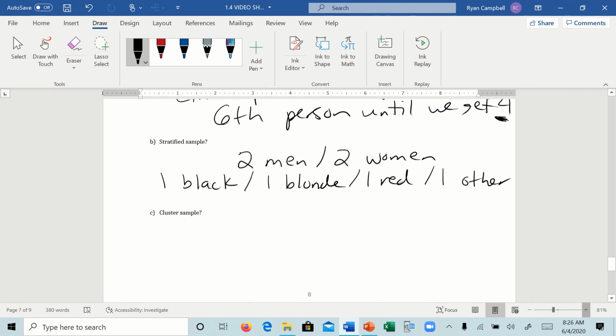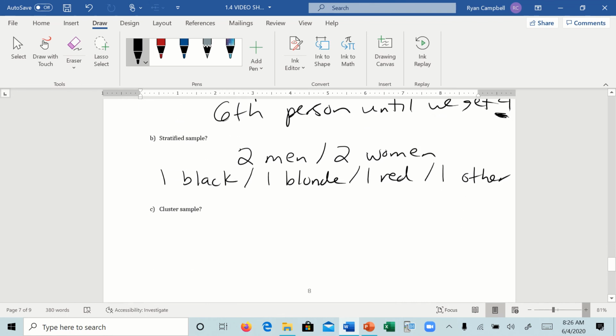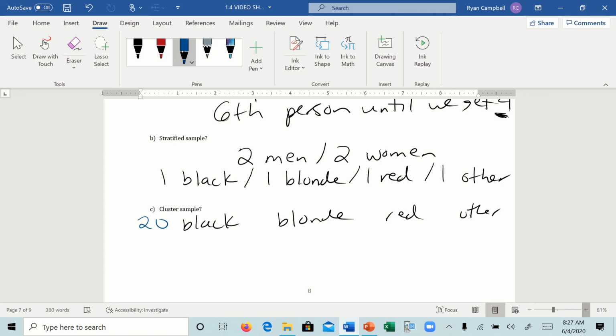All right, cluster. So cluster's a little harder because it might depend on how the classroom is set up if you're in a classroom, and it might depend on how many groups of people we have, right? Because think about this. If you broke up people, once again, into hair color. Well, if you have 20 people with black hair, 1 person with blonde hair, 3 people, 1 person with red hair, and 1 person with blue hair, right?